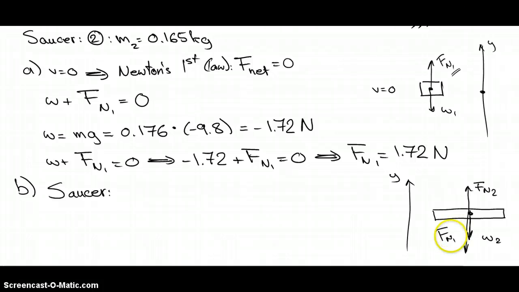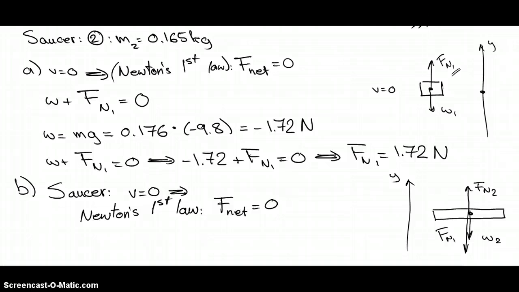Because it's the reaction of the force by the saucer on the cup. Action, reaction. Force by the saucer on the cup, force by the cup on the saucer. That completes our forces. So, again, the saucer is at rest, which means according to Newton's first law, the net force is equal to 0.